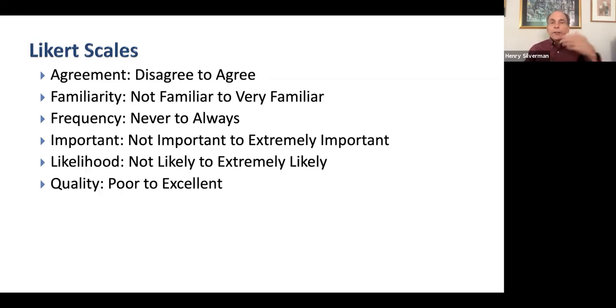So here are the different types of scales. Agreement. If you want to know the extent of agreement, you have disagree to agree, familiarity, frequency, important, not important, extremely important, the likelihood that you'll buy something or vote for somebody, not likely, extremely likely, quality, poor to excellent. So these are the different types of Likert scales based on what you're measuring.